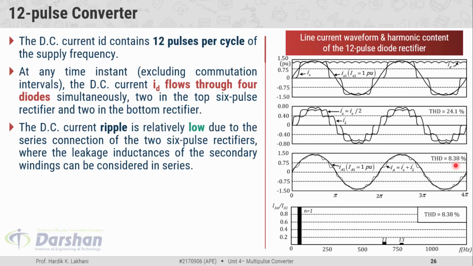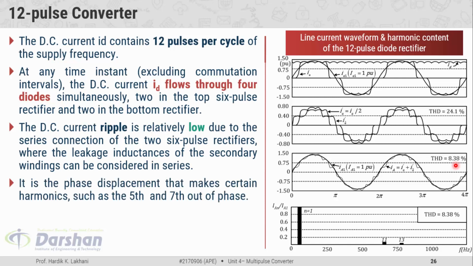When we look at the harmonic spectrum, you can see that the phase displacement makes certain harmonics like the 5th and 7th order out of phase. Only 12K plus or minus 1 harmonics remain in the line current, where K equals 1, 2, 3 and so on.